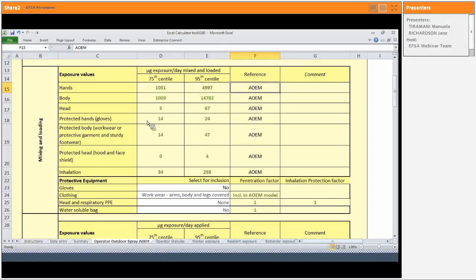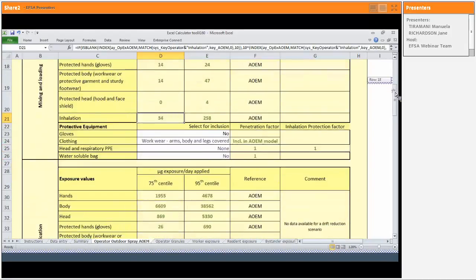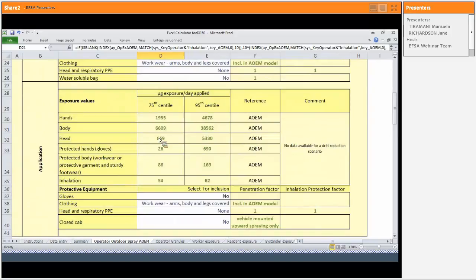So you can see that this actually comes from the data sets. They were able to allow us to estimate the exposure when gloves are worn, when workwear is worn, and this is really just assuming that the body, arms and legs are covered, and if head protection is worn, and also we have inhalation there. So that's for the mixing and loading, and then also we can see further down here, this is for the application, and again we have the same information.